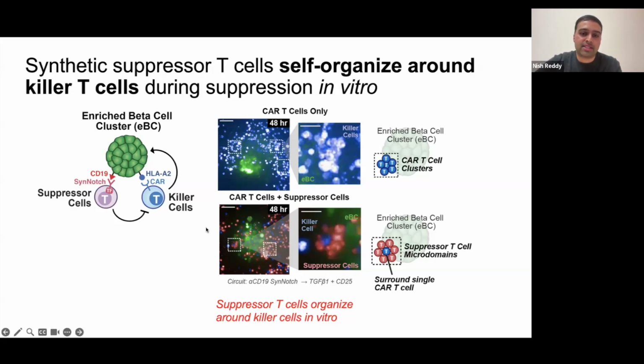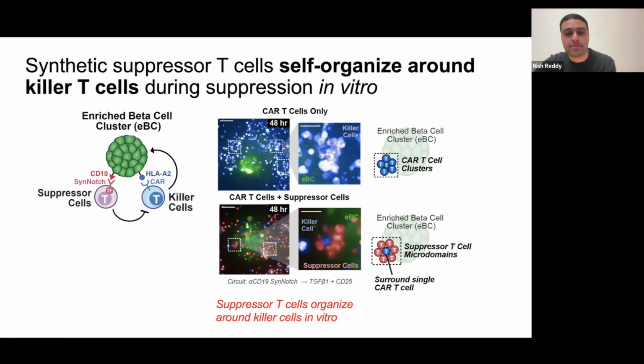But in the presence of these suppressor cells, especially suppressor cells that are producing CD25, we see that individual CAR T cells that are in contact with the beta cell clusters actually become surrounded by these suppressor cells, almost like a detergent that's preventing the CAR T cells from expanding and eventually killing the clusters.